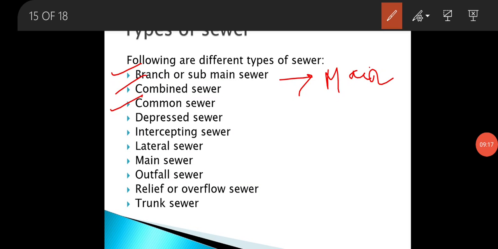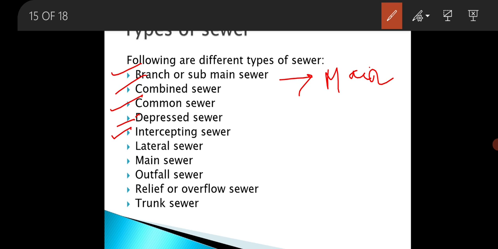Then depressed sewer. When an obstruction or obstacle is there, the sewer is constructed lower than the adjacent section of the sewer to overcome the obstruction or obstacle. Such a section of sewer is known as a depressed sewer.